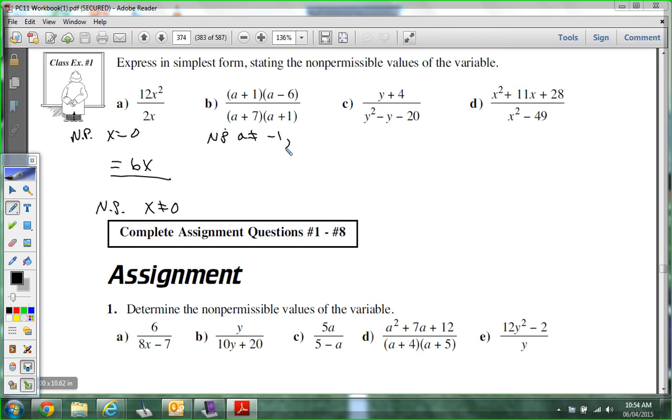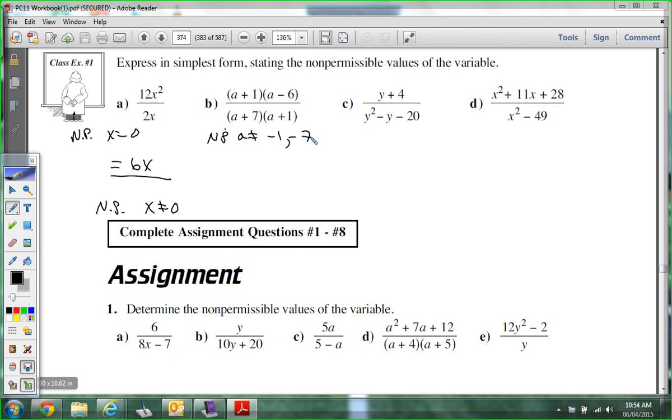Nope, bottom. Right, negative 7. You only get your non-permissibles from the bottom. So negative 1 and negative 7, if you plug those into your calculator, it's going to take you to an error. Here, you can see negative 1 makes a 0, negative 7 makes a 0 on the bottom.